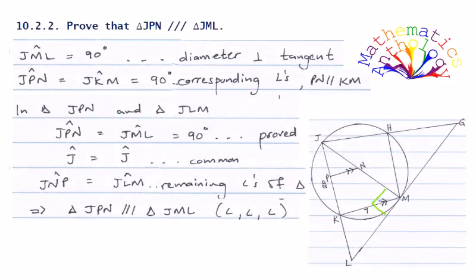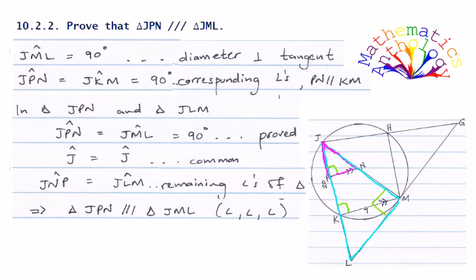10.2.2, prove that triangle JPN is similar to triangle JML. Okay, so triangle JPN there is my purple triangle, and triangle JML there is my blue triangle. We need to prove that those two triangles are similar.